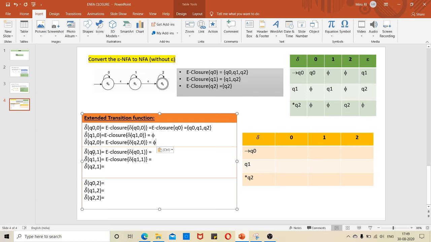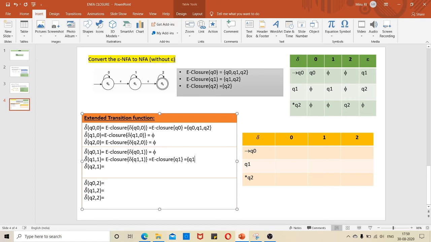Now, in Q0, Q1 and Q2 states, for the input 1, what happens? Here, with the input of 1, it is again phi. When the input is 1 in Q1, it is Q1. So epsilon closure of Q1 is Q1 comma Q2.